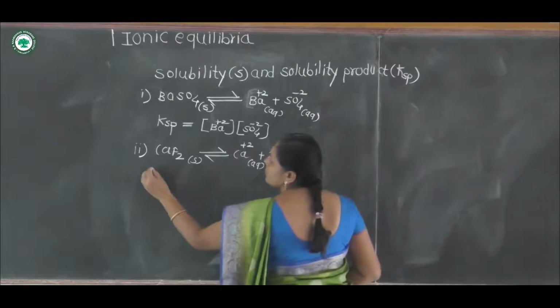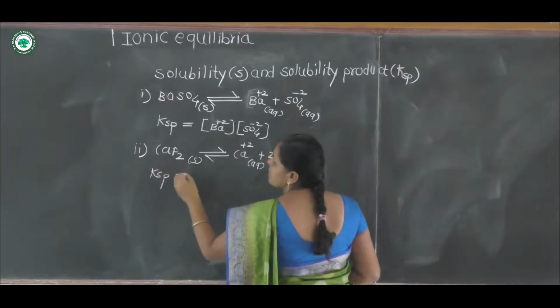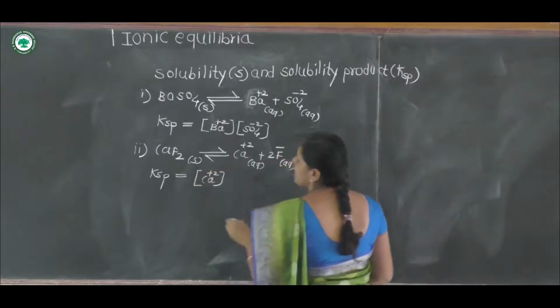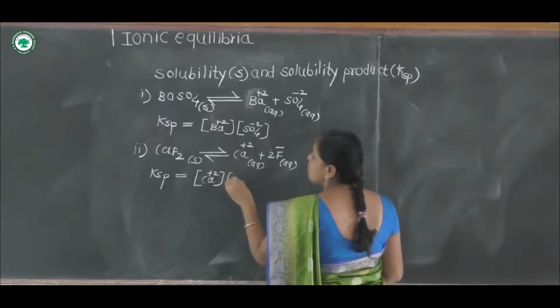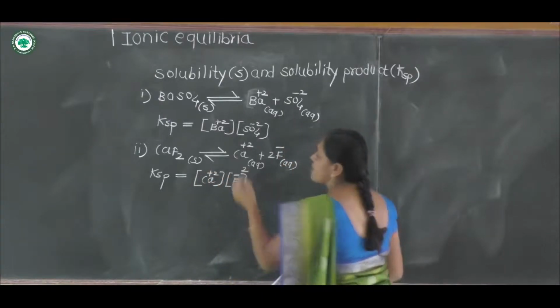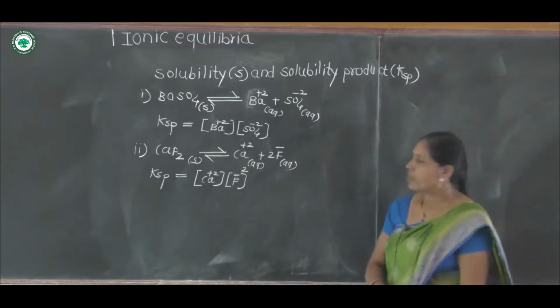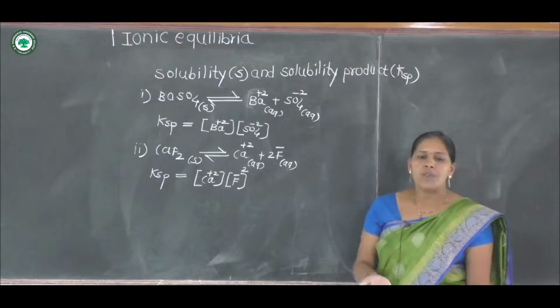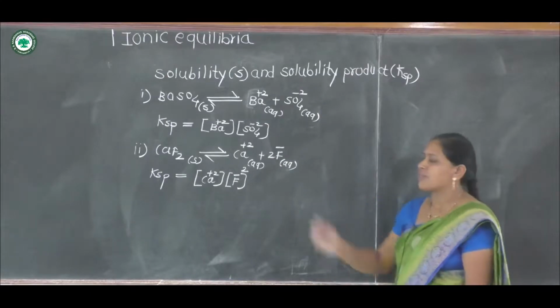Therefore, solubility product KSP is equal to concentration of calcium 2+ into concentration of F minus raised to power 2. The coefficient is raised as the power of the concentration term.